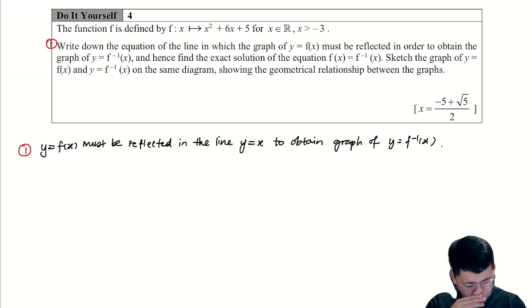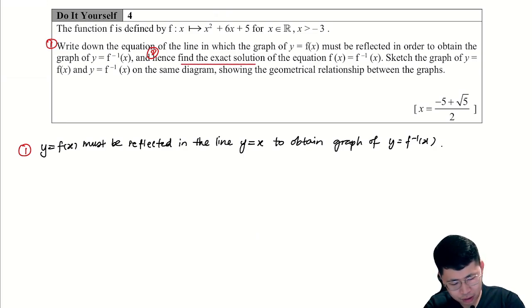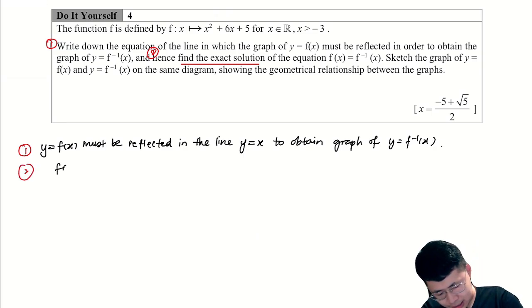Okay, second part. Now, hence, find the exact solution of the equation of this. Find the exact solution is our second part, right? So in order to solve for this, f(x) equals f inverse of x.